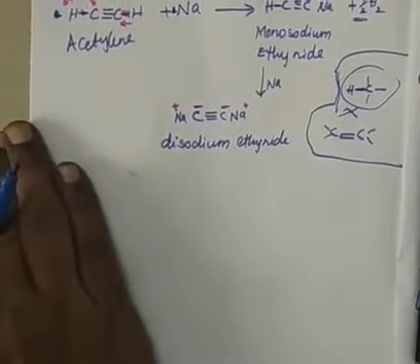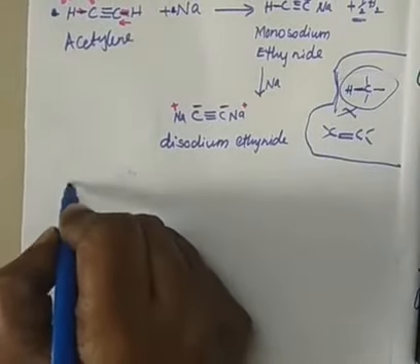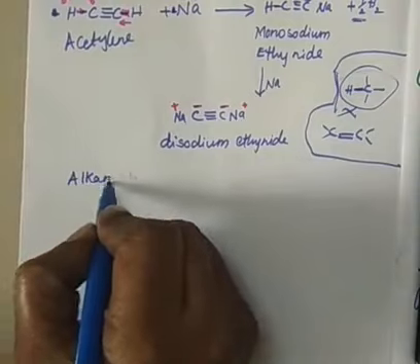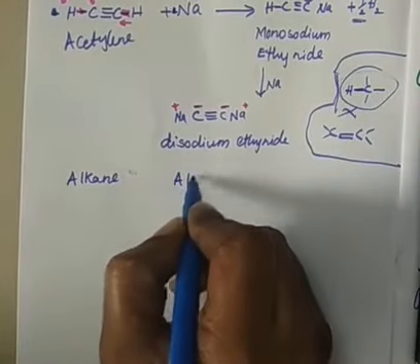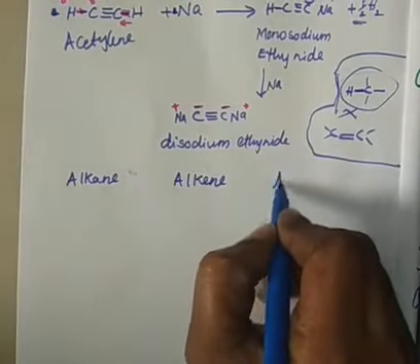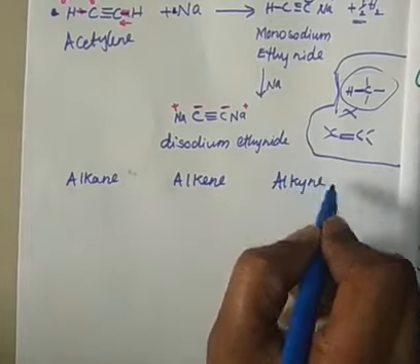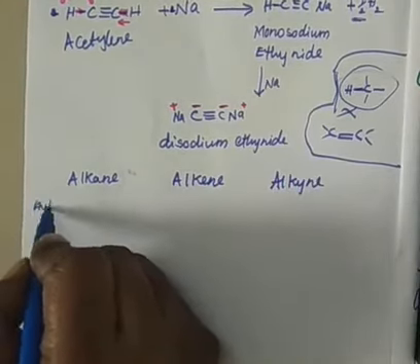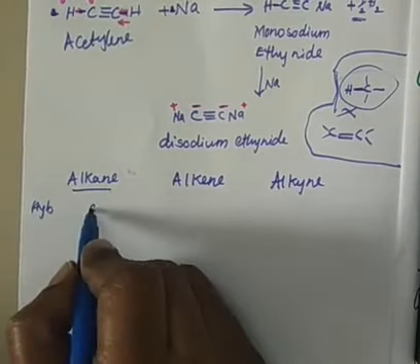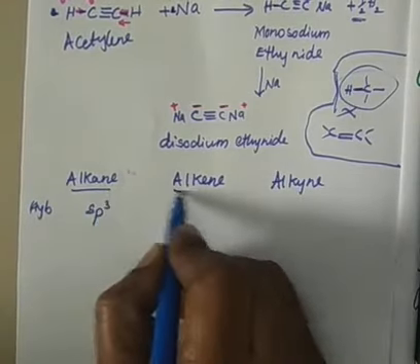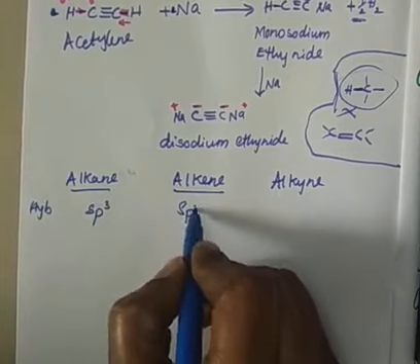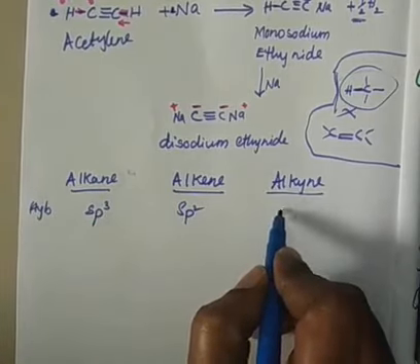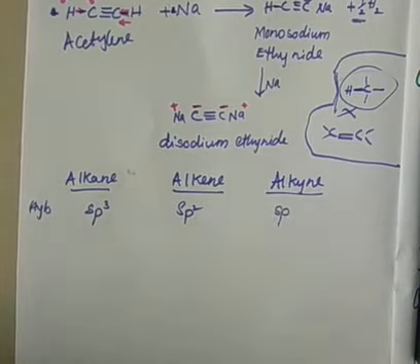They identified why this is happening from their hybridization. We have to compare alkane, alkene and alkyne. What is the hybridization of alkane? sp3. Alkene? sp2. But alkyne, I mean the alkyne carbon, is sp.